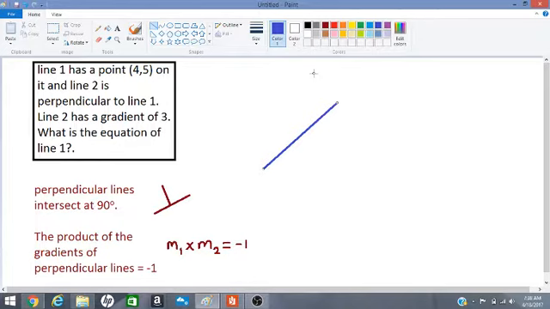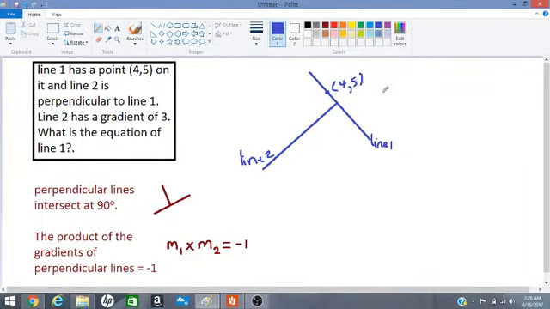If that is line 2, this is line 1. This is what it could look like. And line 1 has the point (4, 5) on it. Let's draw the point somewhere here.